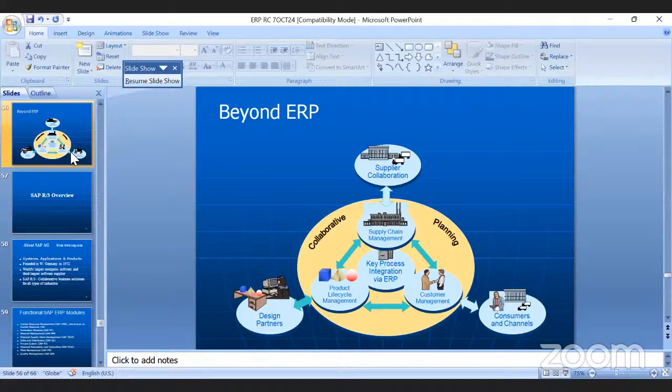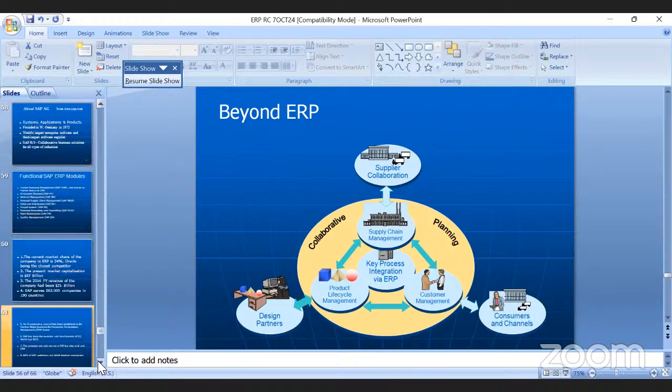As an organization, we are answerable to all of them. So beyond ERP is extendable to the general public, customers, government, partners, and suppliers. All these are the external stakeholders of a business.